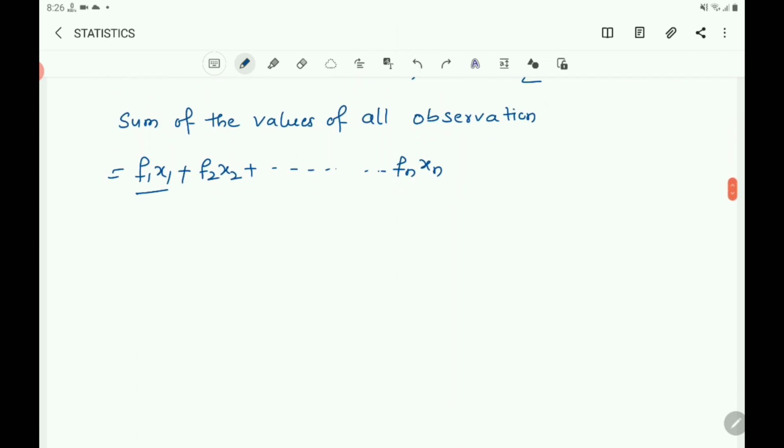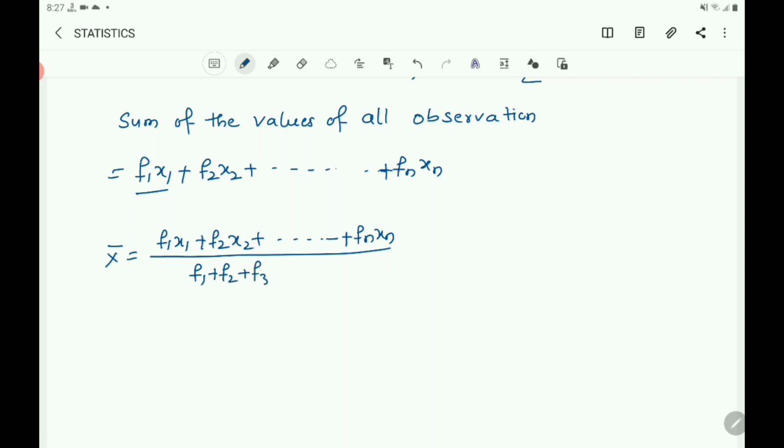So let us denote the mean by x bar. Then x bar equals f1 x1 plus f2 x2 plus so on plus fn xn, divided by f1 plus f2 plus f3 plus so on plus fn.